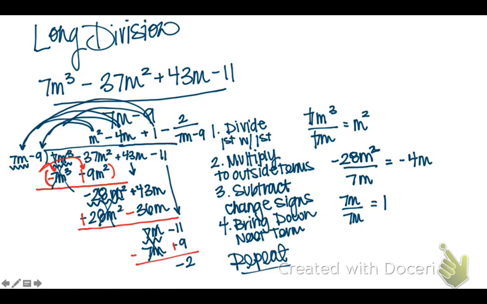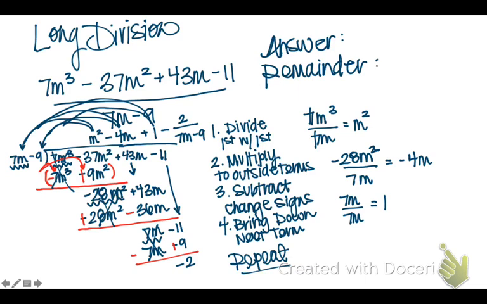Now, when you're doing your homework, it's going to ask you for like dividend or something, or it asks you for your answer part. I don't remember how it's worded, but it'll ask you for your answer and then the remainder.